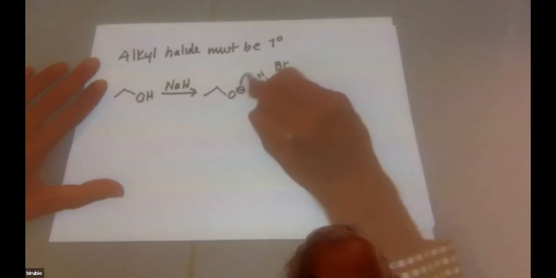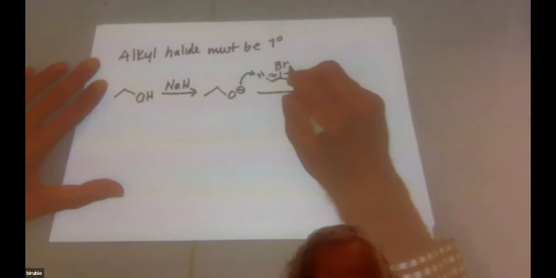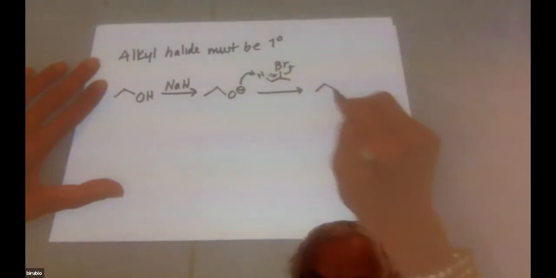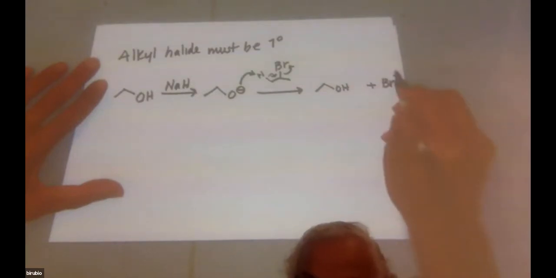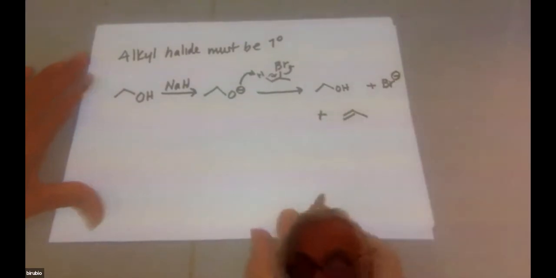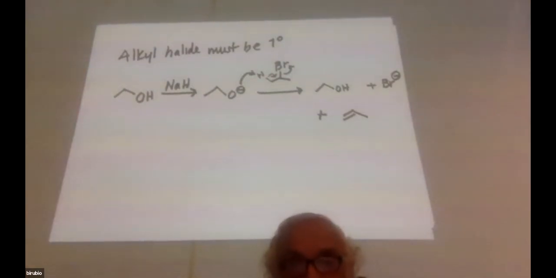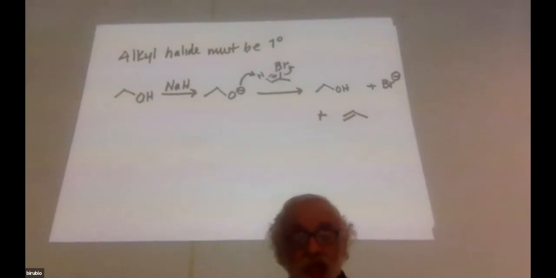And so what this guy is going to do is promote an elimination anyway. So we get the proton slammed back on. We get Br minus, that was the leaving group. And the other product of this reaction will be an alkene. So that's going to be an E2 elimination product. So those are the big limitations.